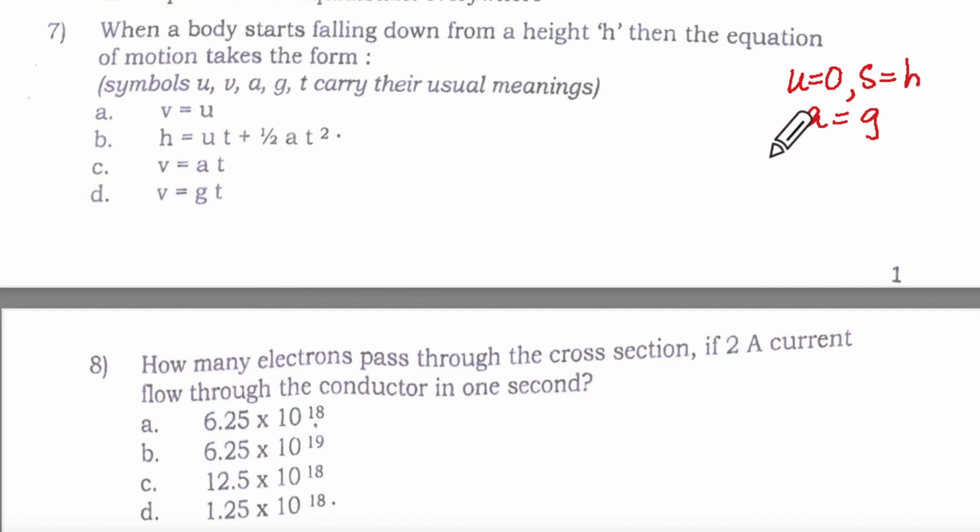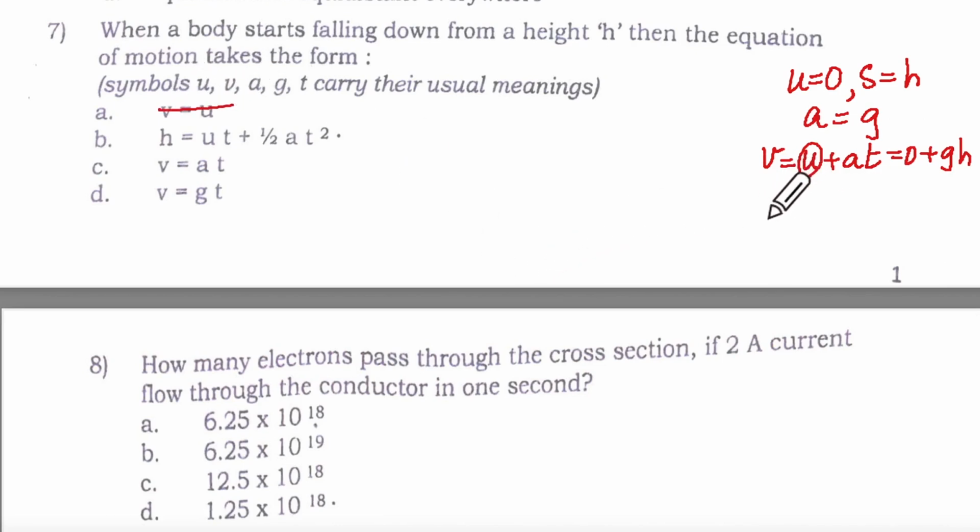What is our first equation of motion? v is equal to u plus at. So it will become 0 plus gt. So v is equal to gt. So this is not the correct one.